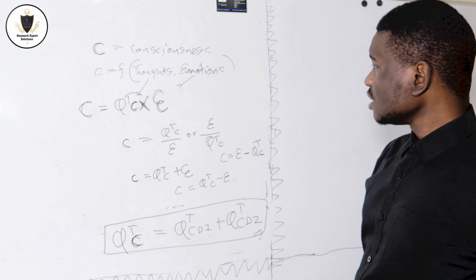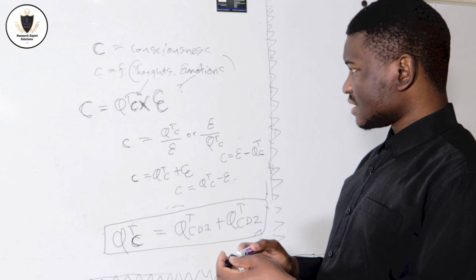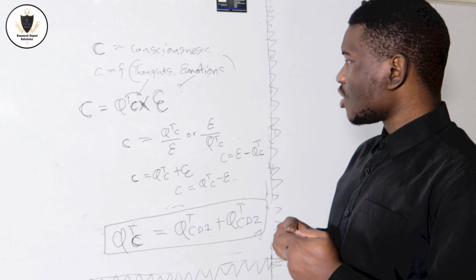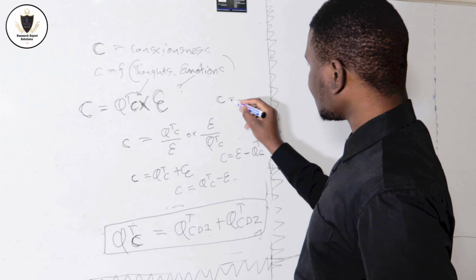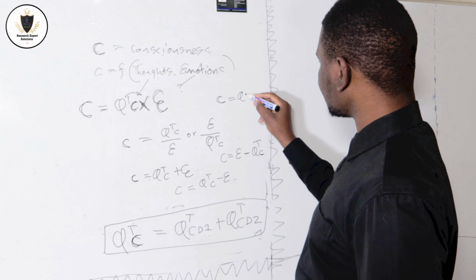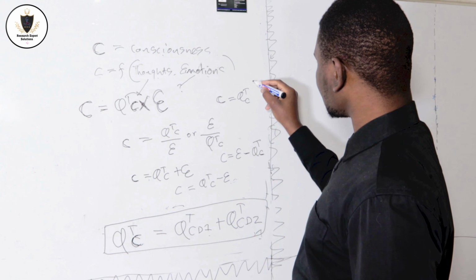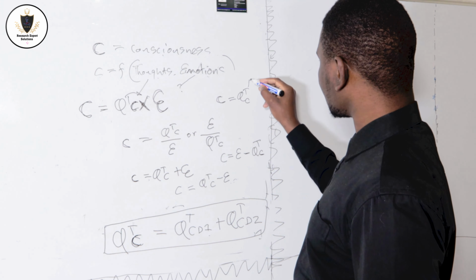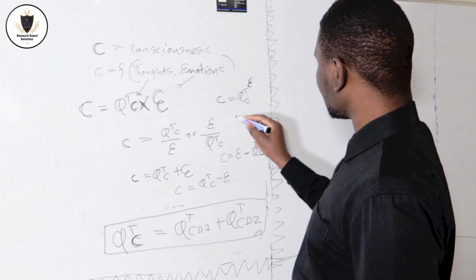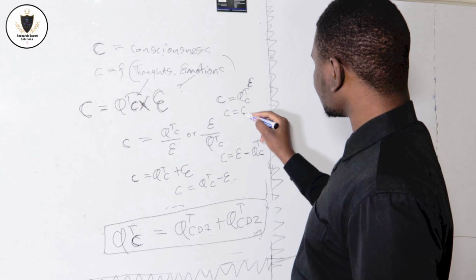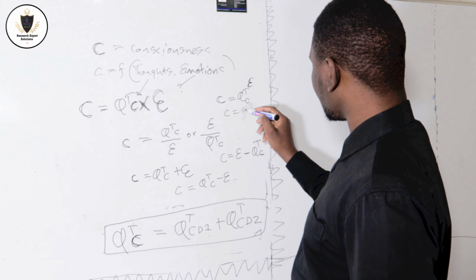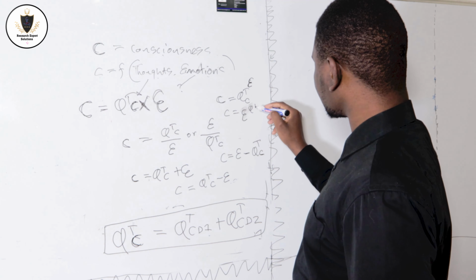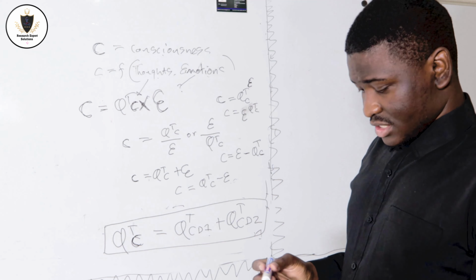Okay? So far, these are the possible ways. We can even go as far as saying QTC to the exponent E, or C is equal to E to the exponent QTC.